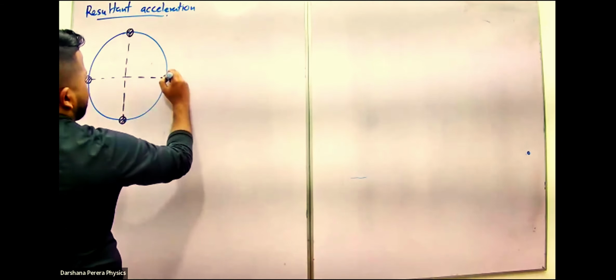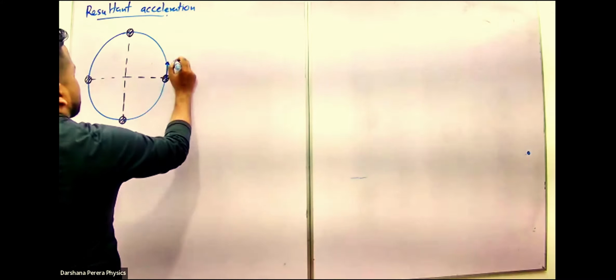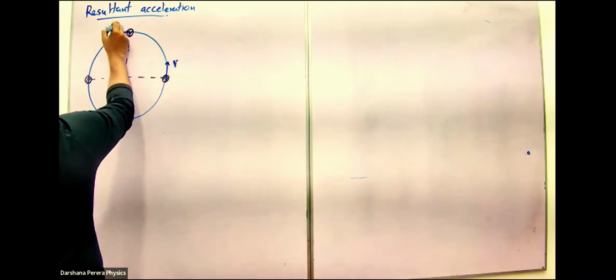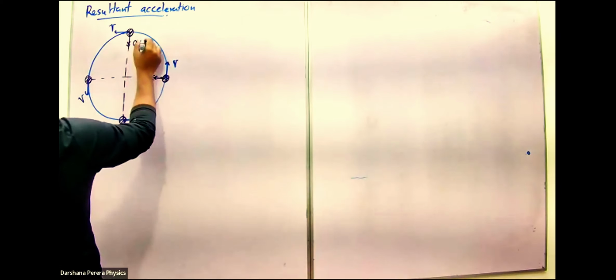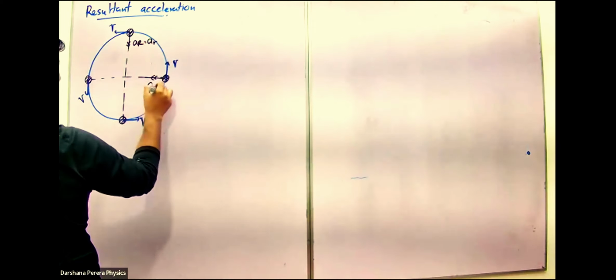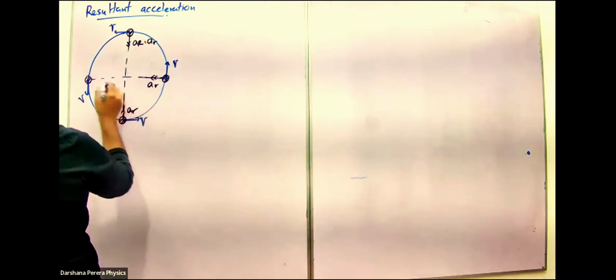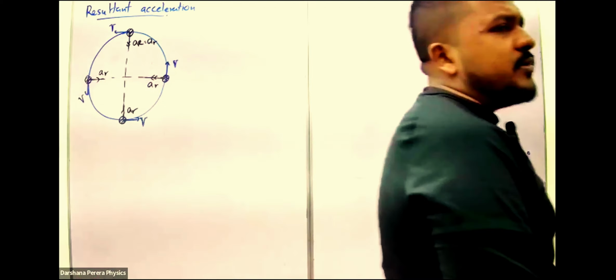When an object has a uniform velocity while in circular motion, only the resultant acceleration is AR.